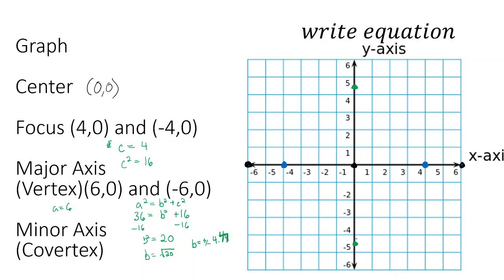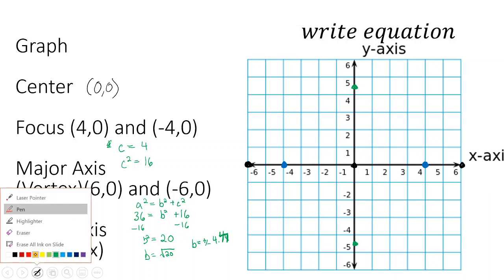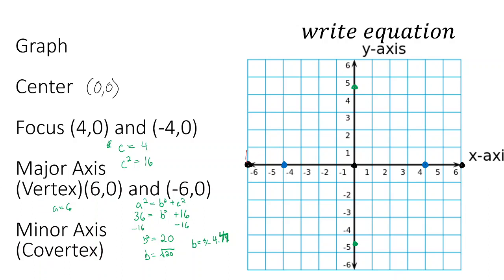Those are my minor axis points. Now I could connect the dots. Major axis to minor axis. Don't go to the foci. Oh, wait. Went to the wrong point. There we go. If you do something wrong, don't be afraid to erase and fix it. Okay, so these are my foci.